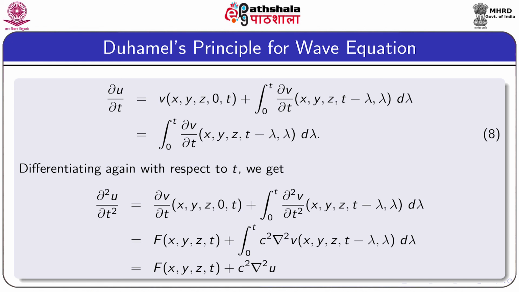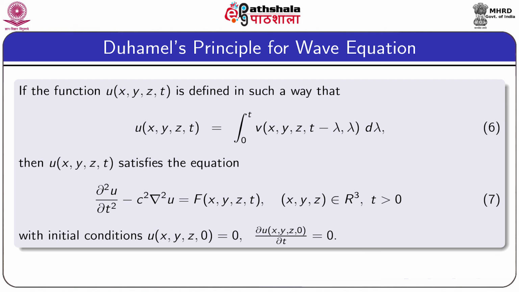So, it becomes c square Laplace square operating on integration 0 to t of v(x, y, z, t minus lambda, lambda) d lambda. So, that is nothing but u. So, in the next line we can write it as f(x, y, z, t) plus c square Laplace square u. Therefore, u satisfies the inhomogeneous wave equation which is written in equation number 7.